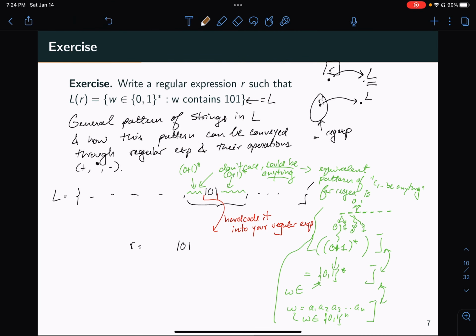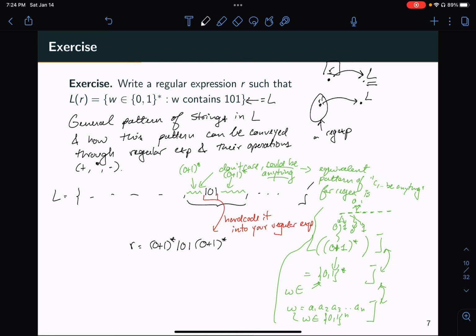So the final regular expression is some string followed by the pattern you're looking for, 101, followed by any other string. I've started interchanging strings and regular expressions because these two things are directly connected: regular expressions directly denote a language of strings.